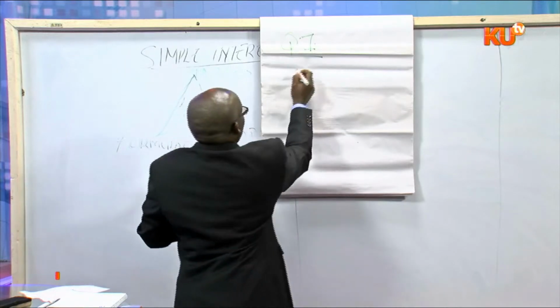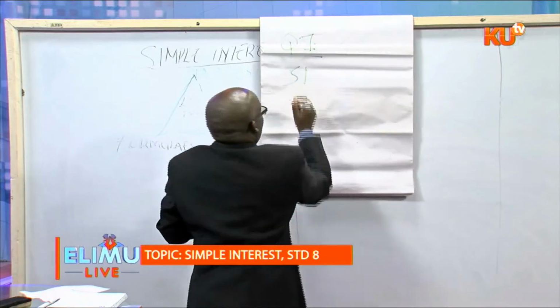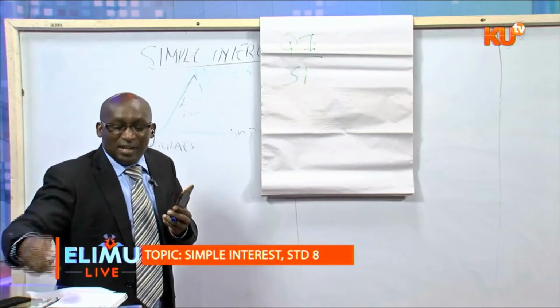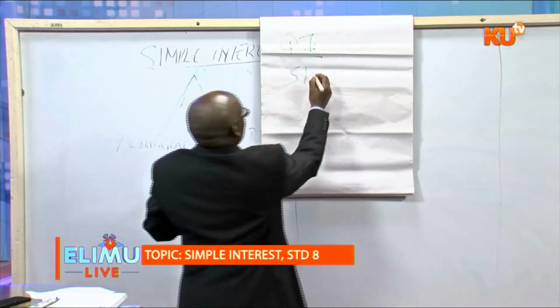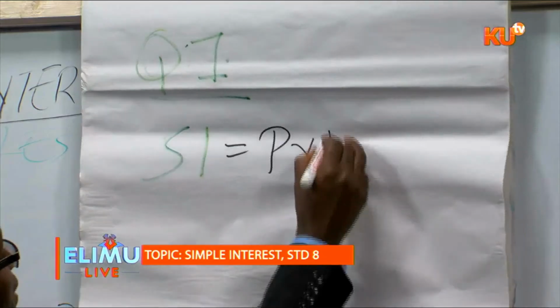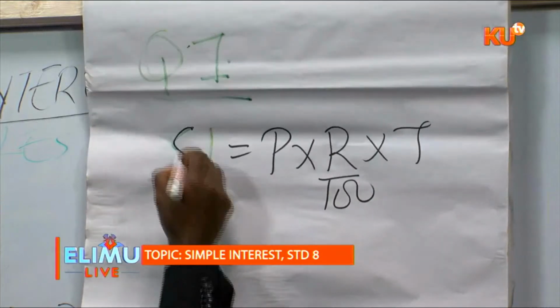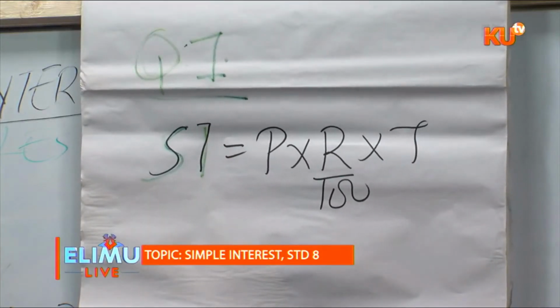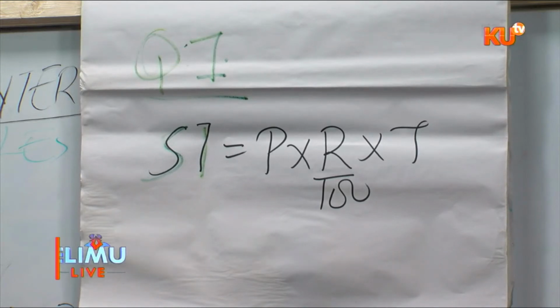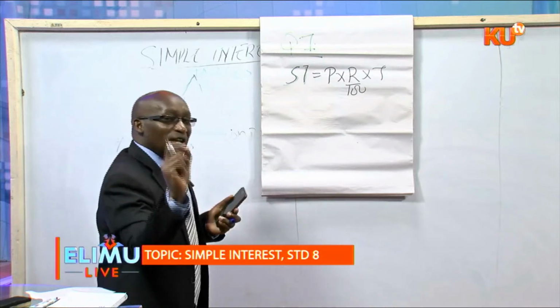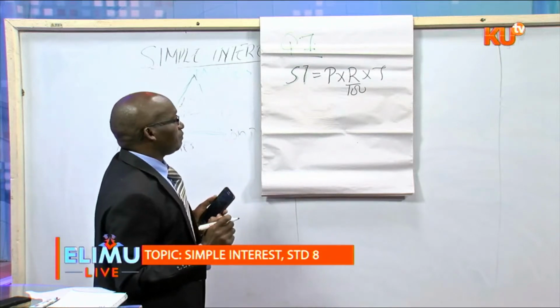considering that the formula for finding simple interest is given as principal times rate times time, all over 100. So first thing first, read the question properly, get the correct question interpretation.